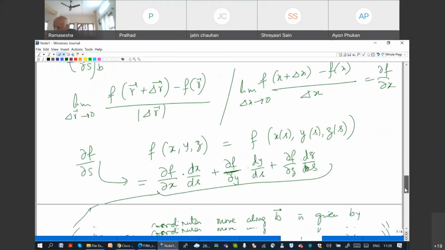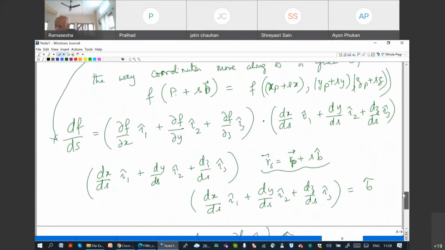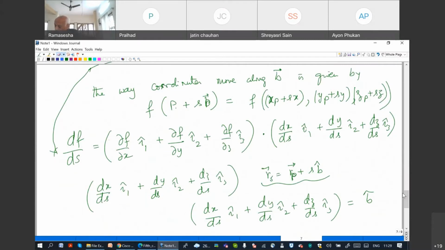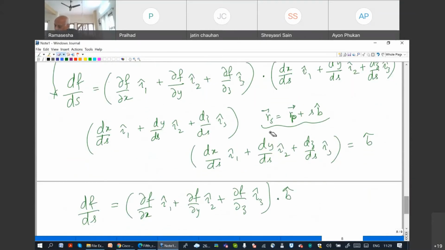Now, when I want to get the differential of that vector r, which is equal to rp plus sB, with respect to the coordinates, I have to differentiate this quantity.